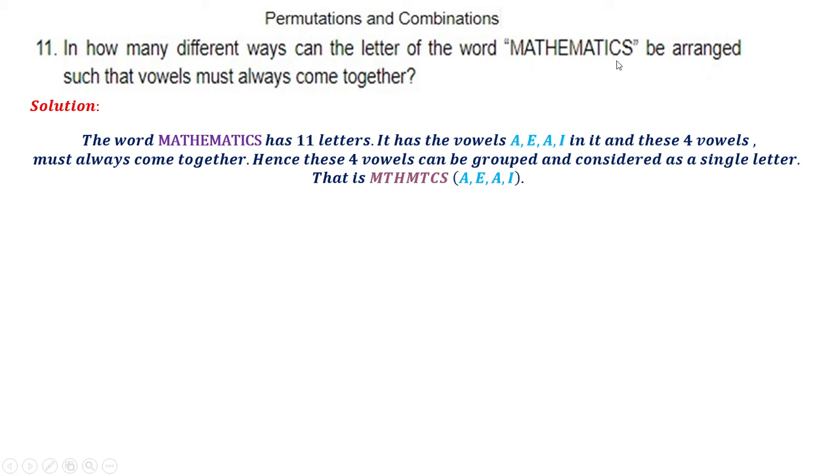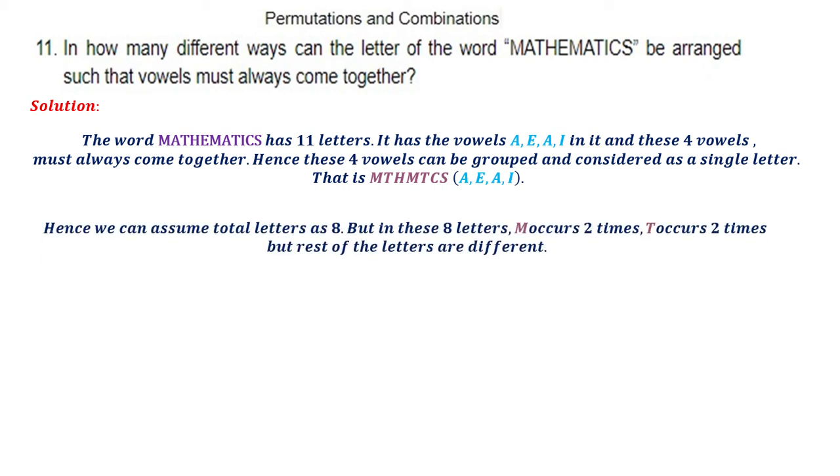So, we have 11 letters. When we check the consonants, M, T, H, M, T, C, S. So, for the complete MATHEMATICS, we check that M occurs twice, T occurs twice, and the rest are different letters.